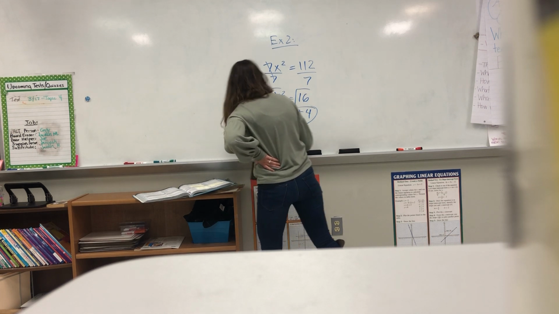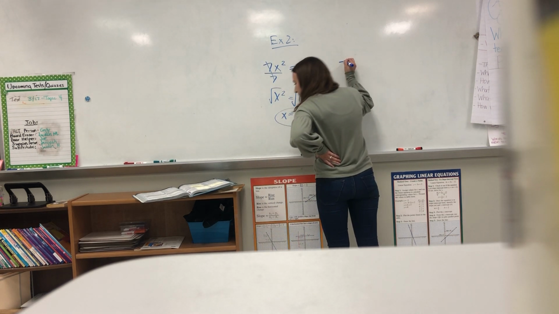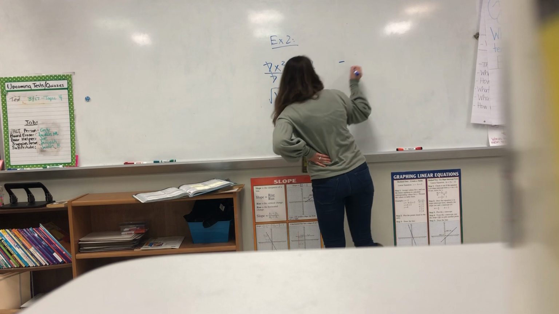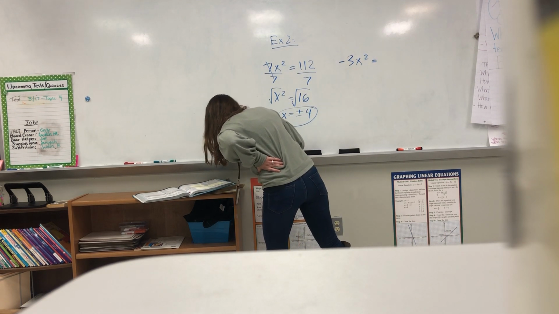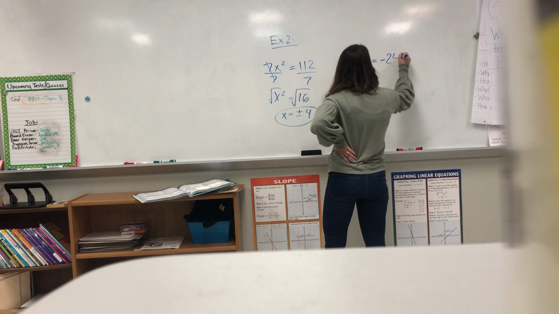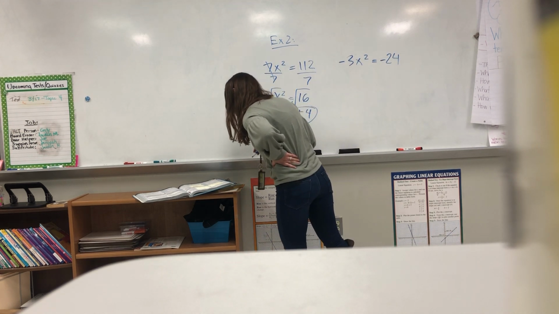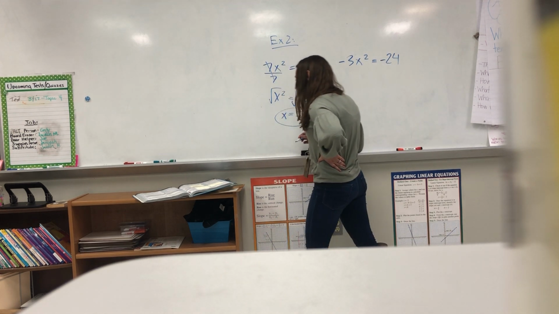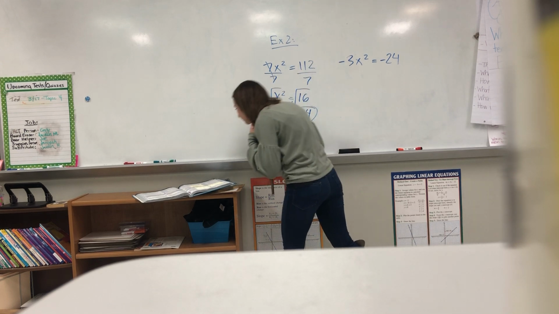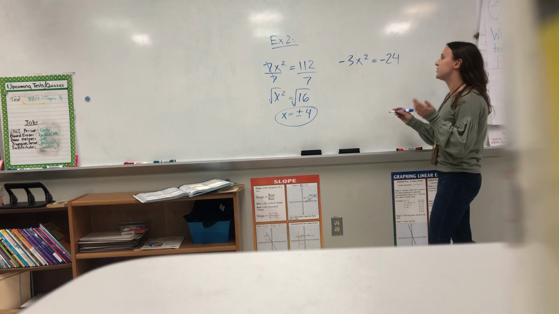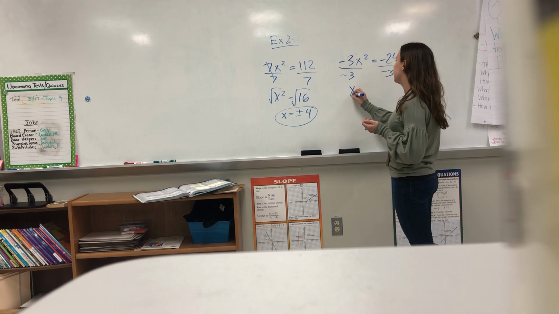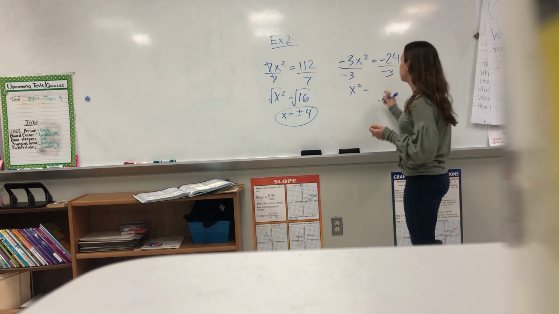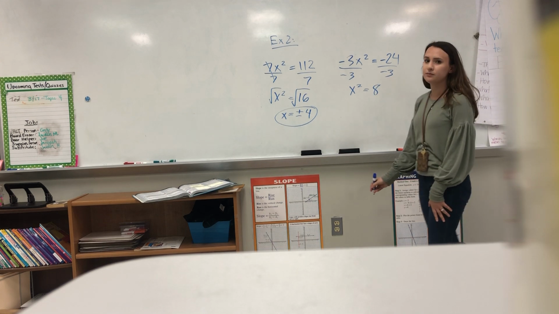Okay, next problem. Negative 3x squared equals negative 24. All right, so first step is we're going to divide by negative 3 on both sides. We're going to get x squared equals positive 8.